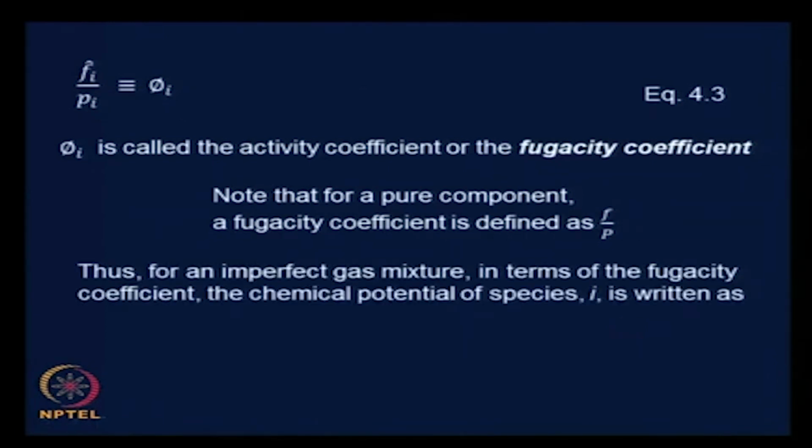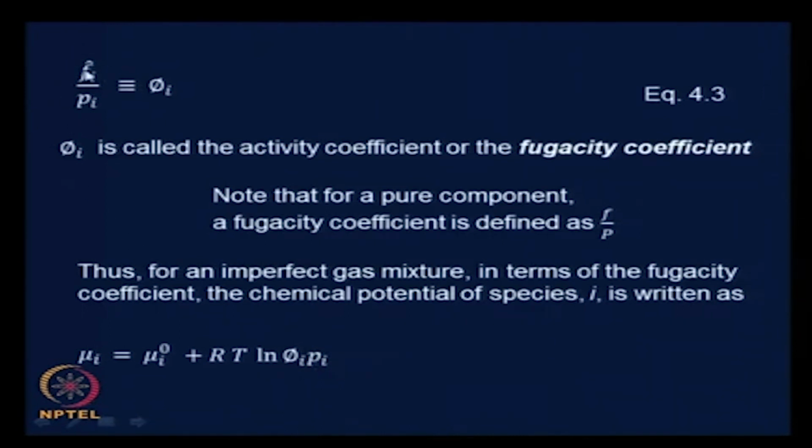Thus for an imperfect gas mixture, in terms of the fugacity coefficient, the chemical potential of a species i is written as mu_i equals mu_i naught plus RT ln phi_i p_i.